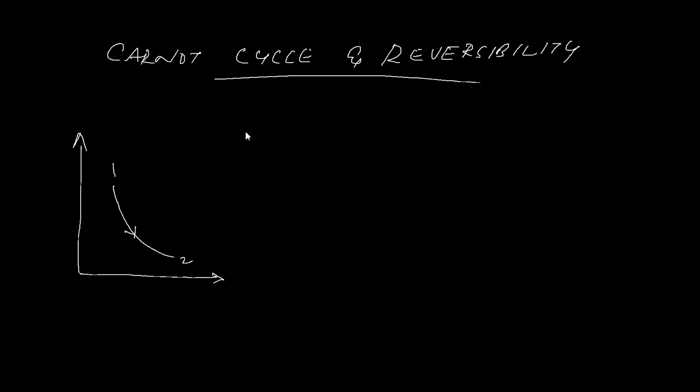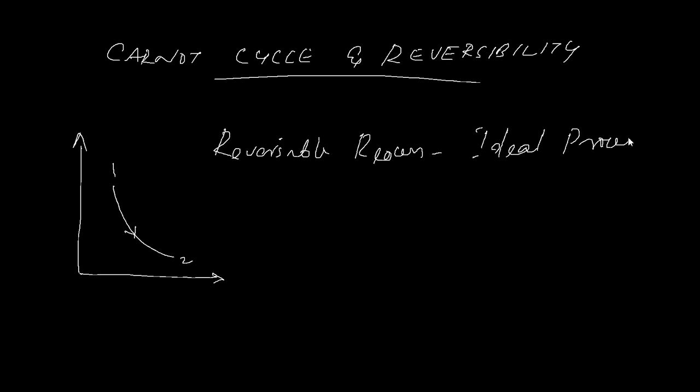So a reversible process is an ideal process, which means it is not real. All actual processes are irreversible.